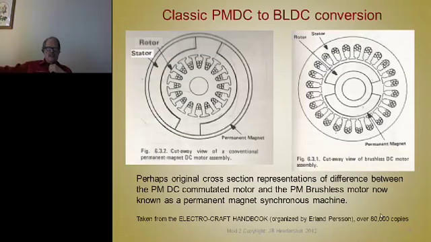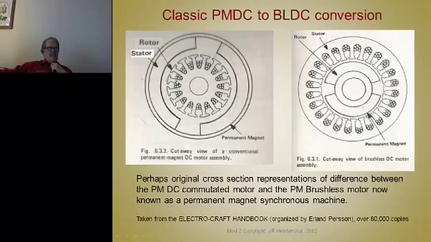Very famous. And he showed this classic picture in there that shows a brush-type permanent magnet DC motor with the magnets on the outside, and this was called a PMDC motor, as opposed to shunt or series DC motors. They use the term permanent magnet DC motor. And so it was mechanically commutated. It mechanically commutated these coils to keep the flux linkage proper, to have continuous clockwise or counterclockwise rotation.